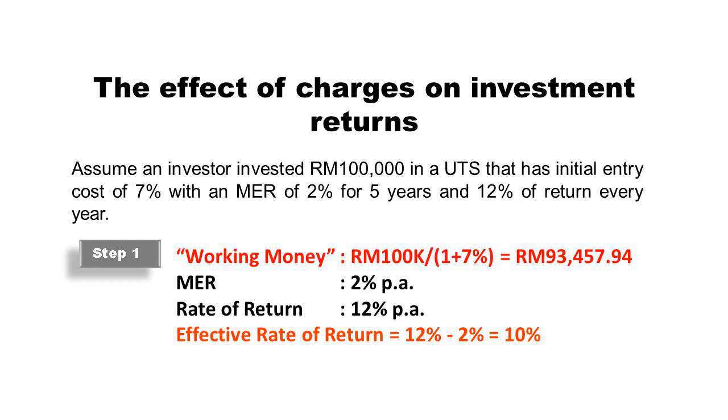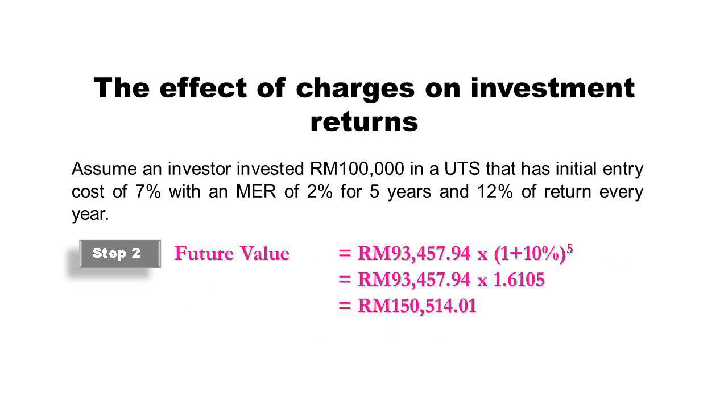So your formula here, you got your formula like this. Working money is equal to the present money, the begin money, 93,000 times 1 plus i, which is 10% net, power of 5 years, you get 150,000. So your 100,000 becomes 150,000 in 5 years.